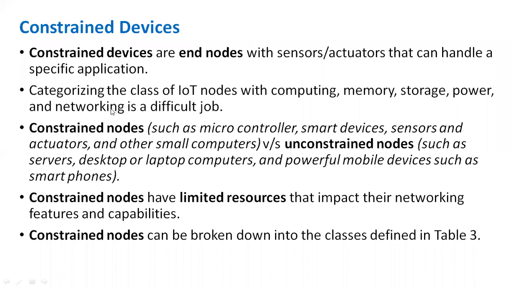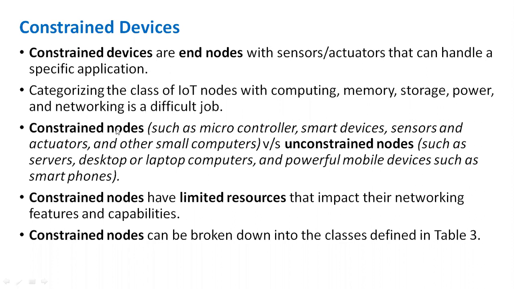But here I am talking about constrained devices, which are very small in size and which use very little resources. It may be computing speed, memory, storage, power, or networking. Memory means RAM, and storage means hard disk, that is secondary storage.